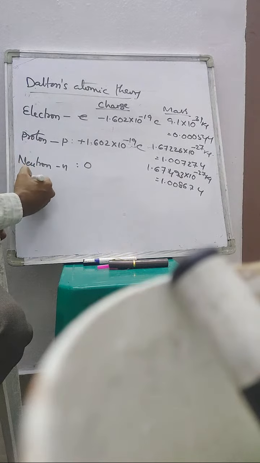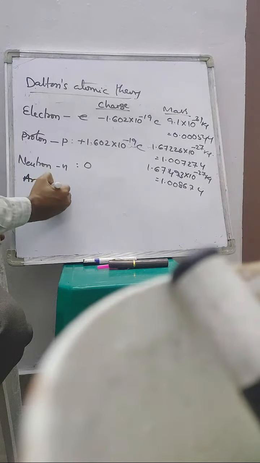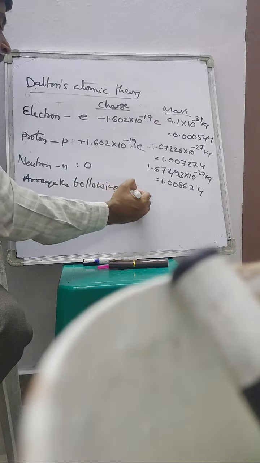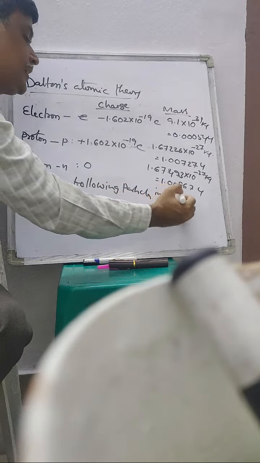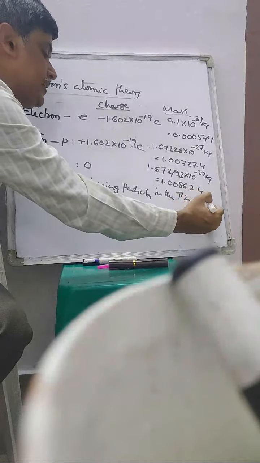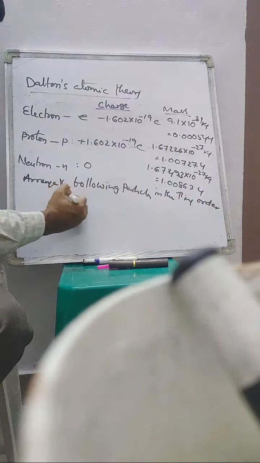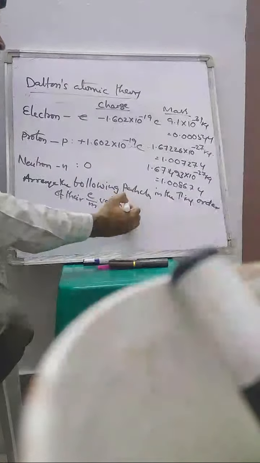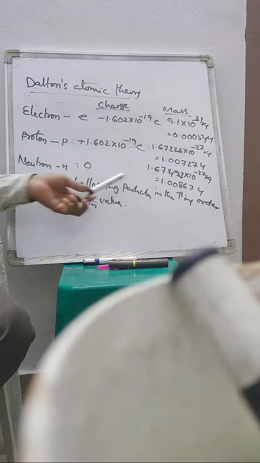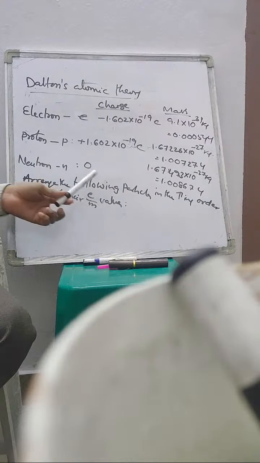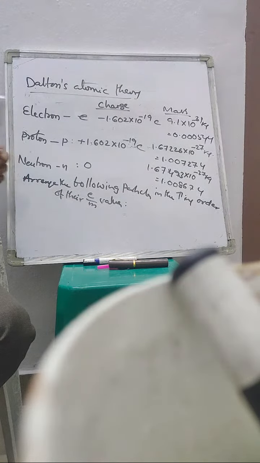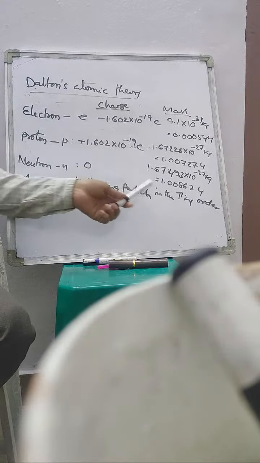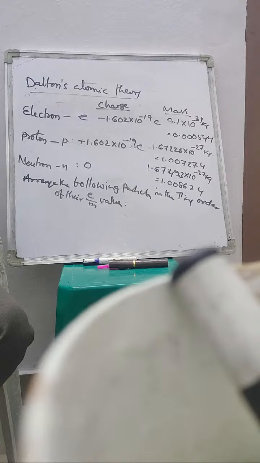For example, arrange the following particles in the increasing order of their e/m values. e/m means charge by mass ratio.